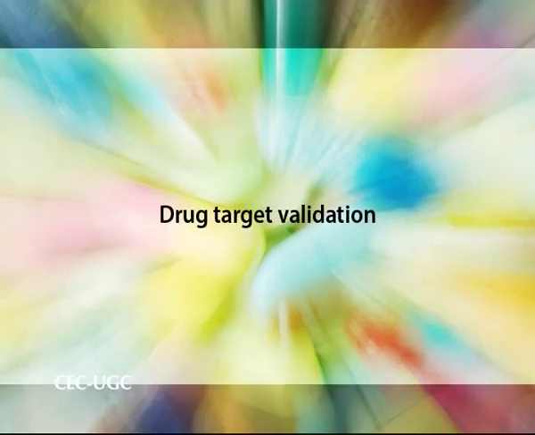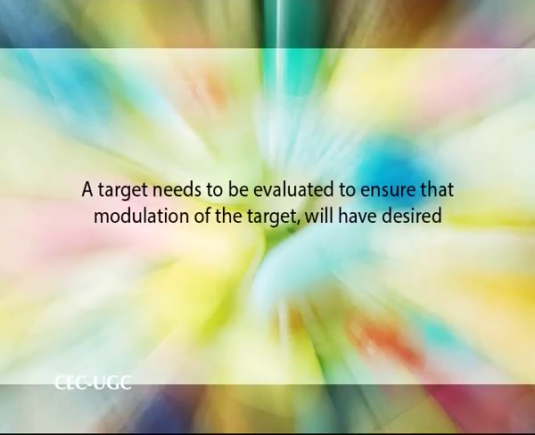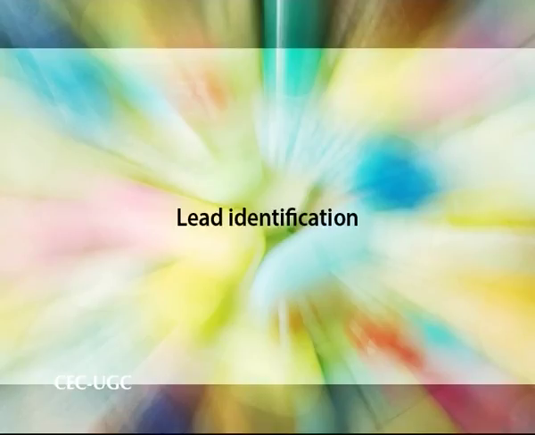Drug target validation. A target needs to be evaluated to ensure that modulation of the target will have the desired therapeutic effect. This process can be accelerated with bioinformatic tools, which therefore speed up the target validation steps significantly. Lead identification.